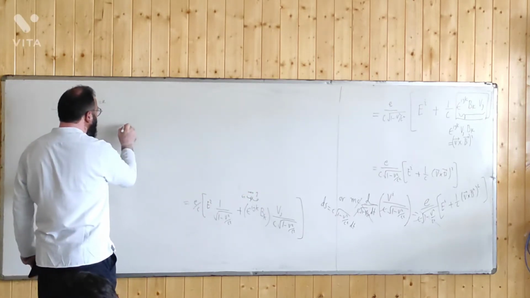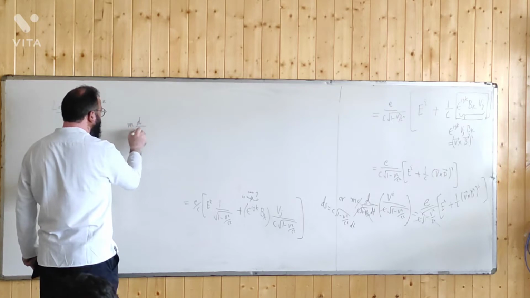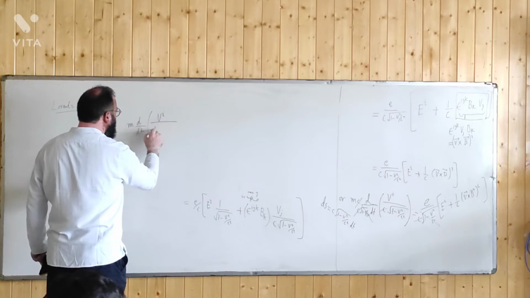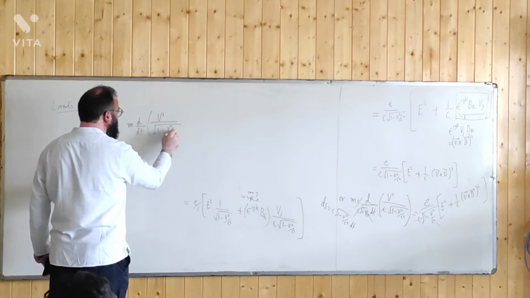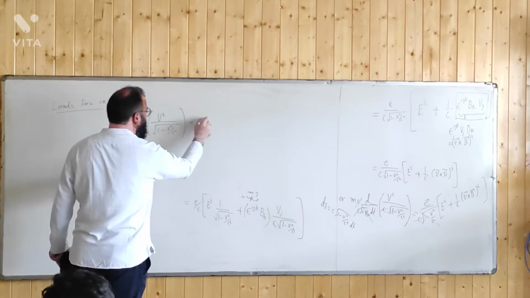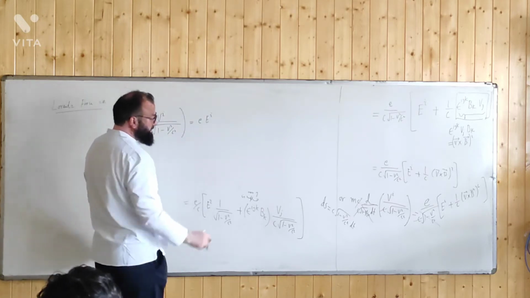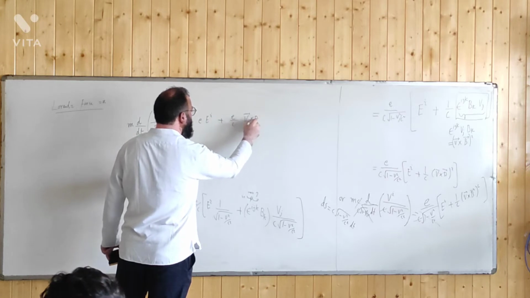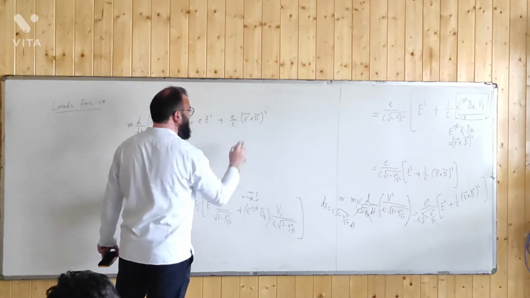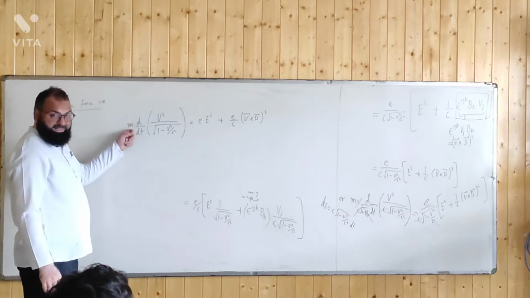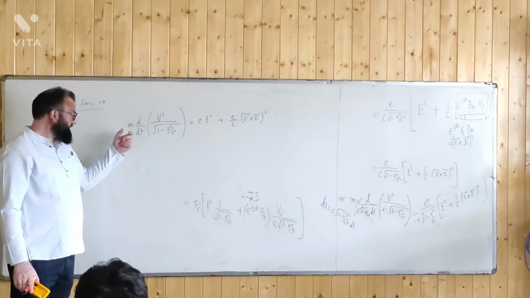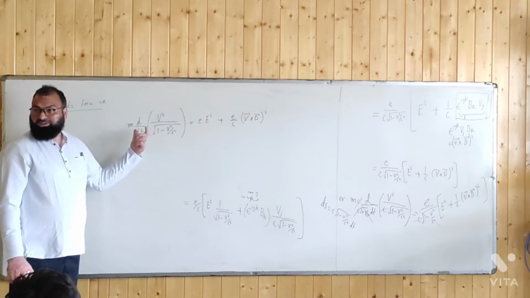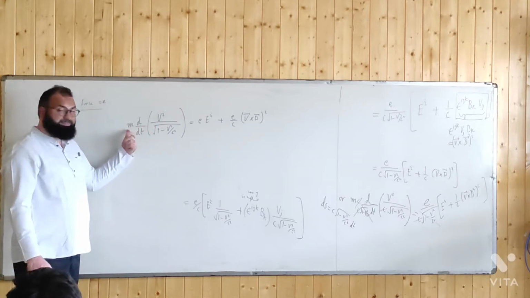I have d by dt of m v_i by root of 1 minus v square by c square, equal to e times (E_i plus e by c v cross B). Now what is this m? It's the rest mass of the particle. You can take it within the derivative, since it is a constant term.